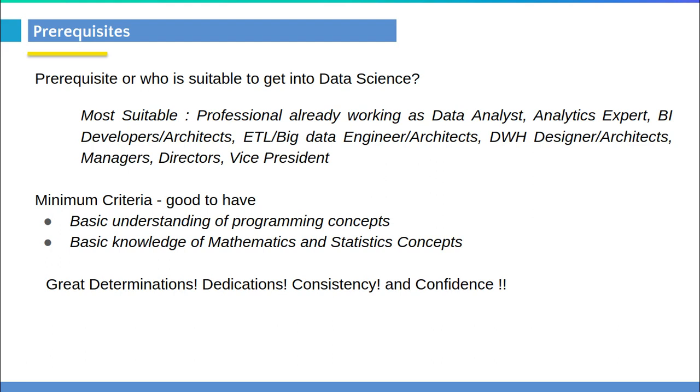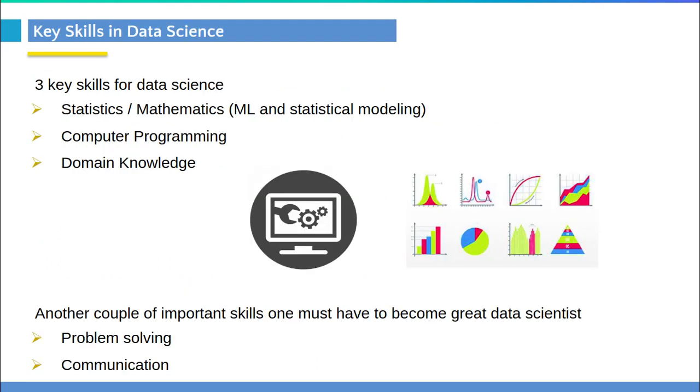Primarily there are three key skills which I think are pretty important to really do something in the data science domain. That is statistics, where we use statistical modeling, machine learning and predictive modeling, and computer programming.